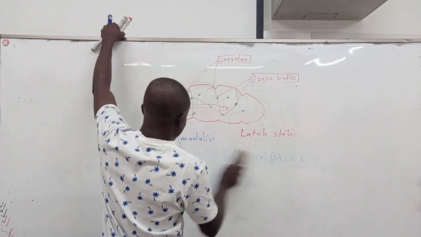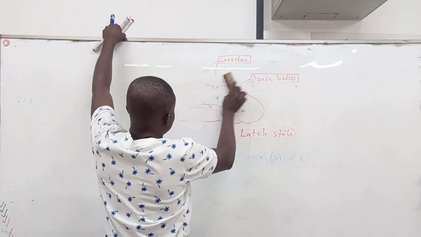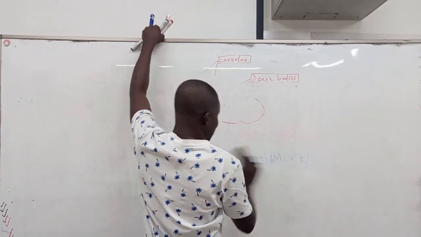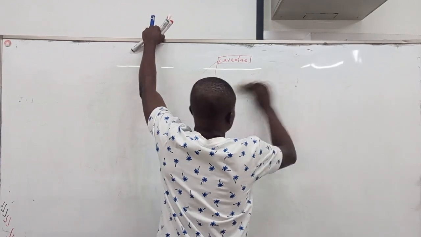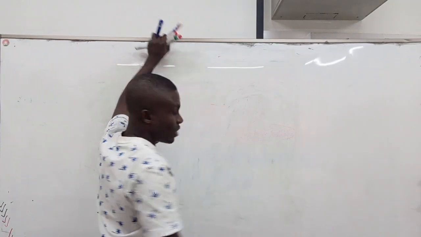Now, having seen this, the next thing that we want to see is to look at types of muscle contraction. We looked at the mechanism, how it's going to take place. So we want to quickly talk about types of muscle contraction.